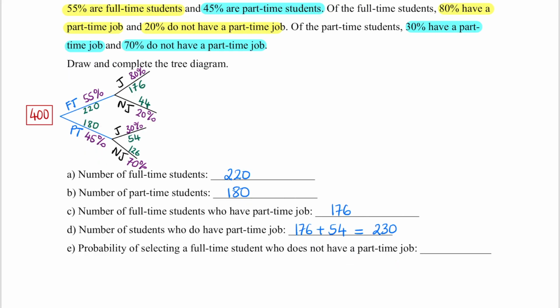Question E is asking for the probability of selecting a full-time student who does not have a part-time job. So in this group of 400 students, I want to select one student, and that student has to be a full-time student and has no part-time job.